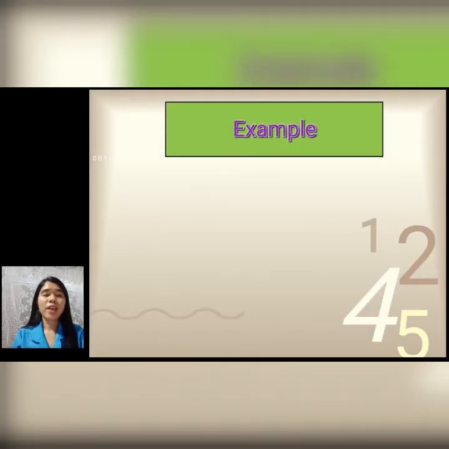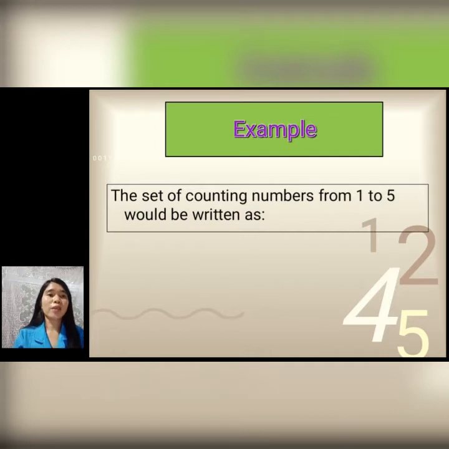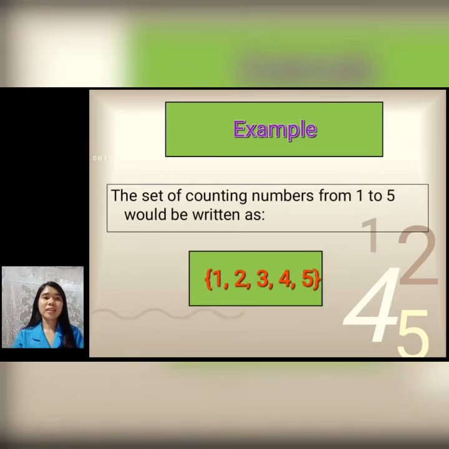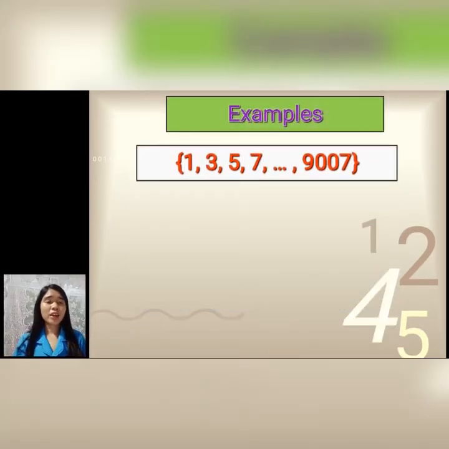Next, we have an example. The set of counting numbers from 1 to 5 would be written like this. As you can see, the counting numbers from 1 to 5 are in the braces. Here we have braces with elements 1, 3, 5, 7, and so on and so forth until 9007.